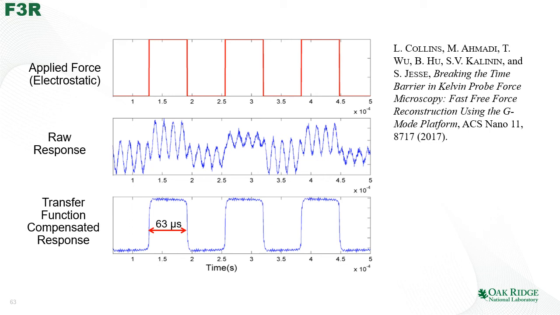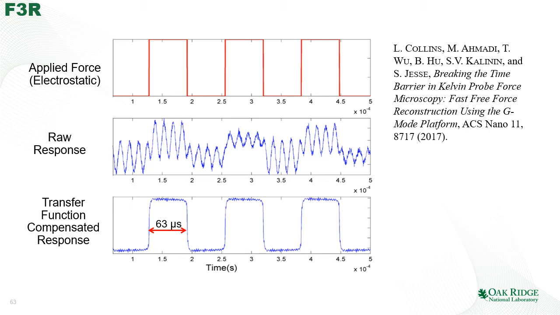So this is the example of the measurement of cantilever displacement when we have our cantilever parked above the metal electrode. This is the electrostatic force we apply to the electrode. This is the raw response of the cantilever, so we operate very fast. And this is the response which is obtained by the transfer function compensation.